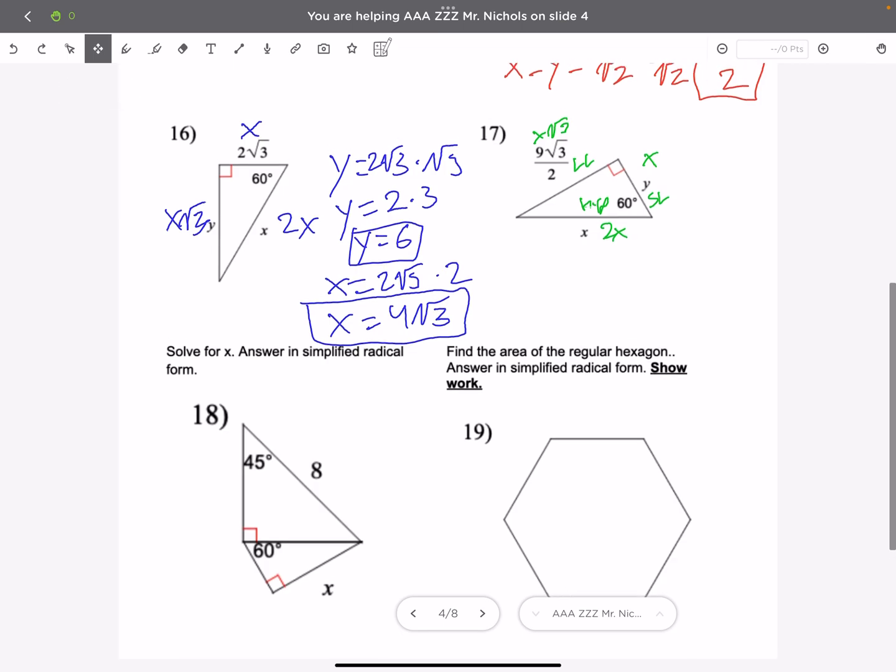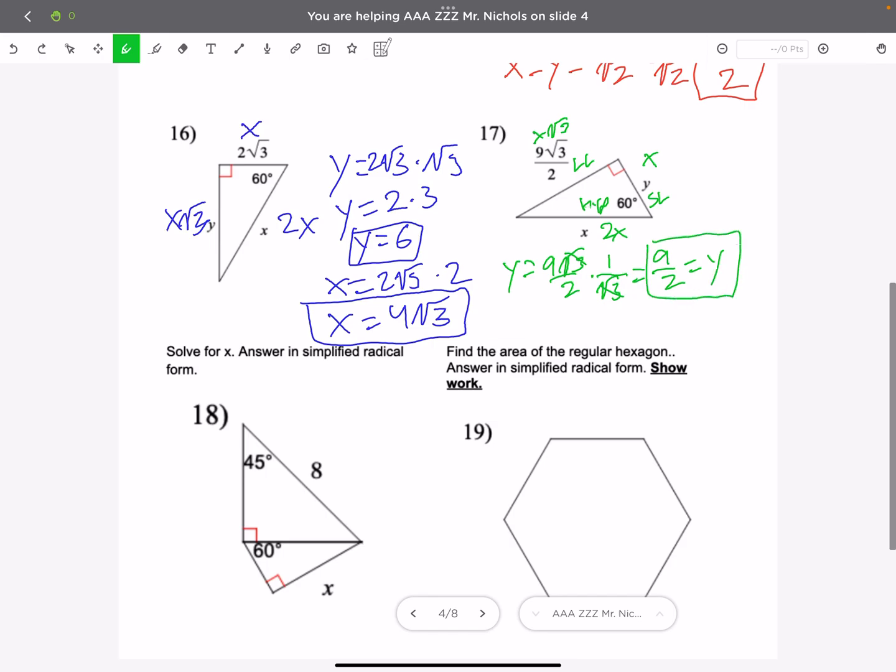So for 9 root 3 over 2, that's the same thing as multiplying by 1 over square root 3. Now when I do that, the root 3's just cancel. And I'm left with 9 over 2 is y.